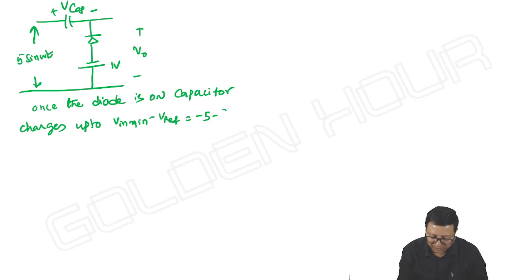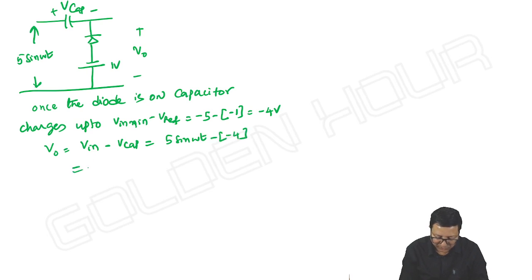Minus 5. And what is V reference? It is minus 1. So it will go up to minus 4 volts. This is what we can see. So the output is equal to input minus V capacitor. It is 5 sin omega t minus of minus 4. So the final answer is 5 sin omega t plus 4.